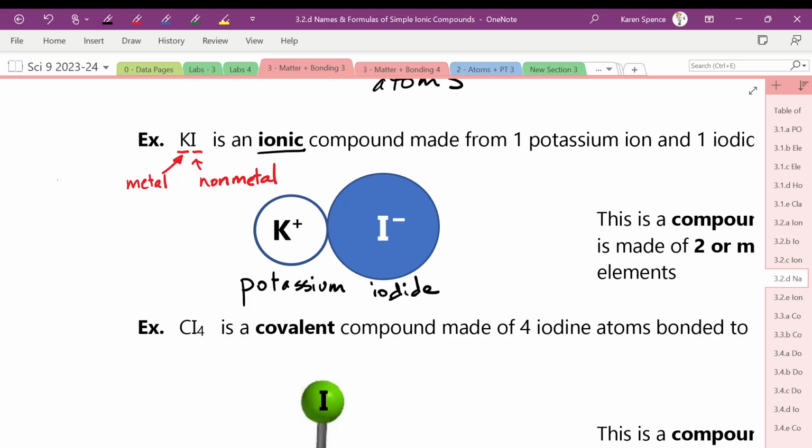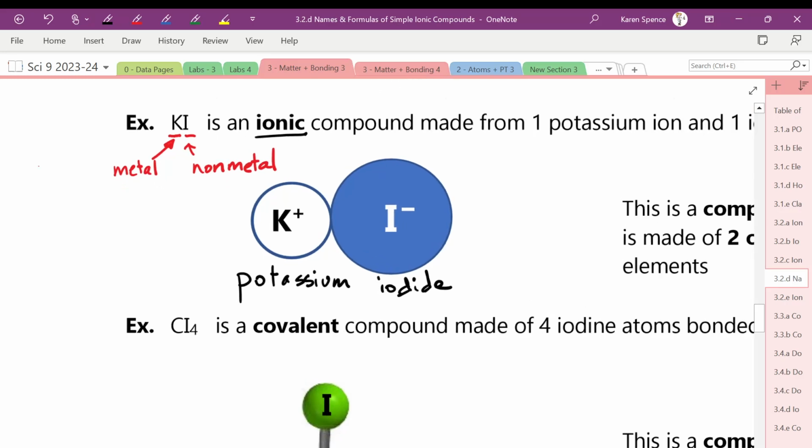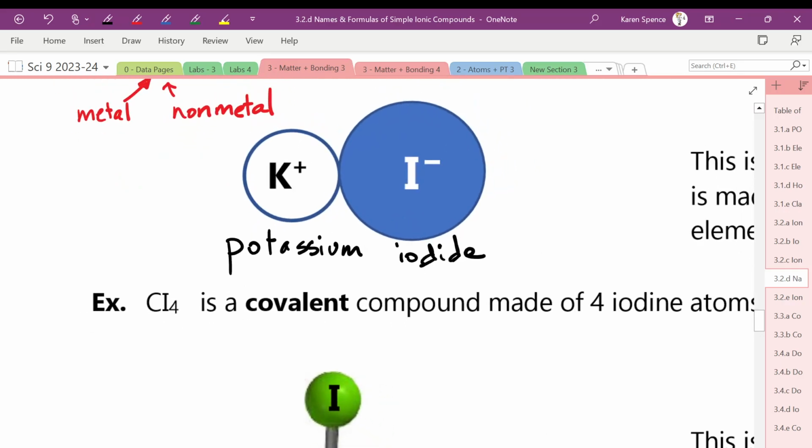Look what we've got here. Is that a Cl or a CI? That is CI. So I have C, which is carbon, and I have I, which is iodine. Is carbon a metal or a non-metal?